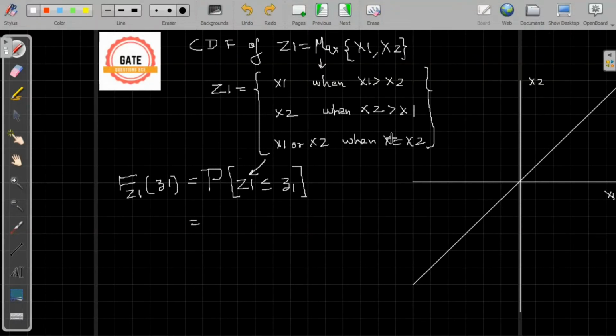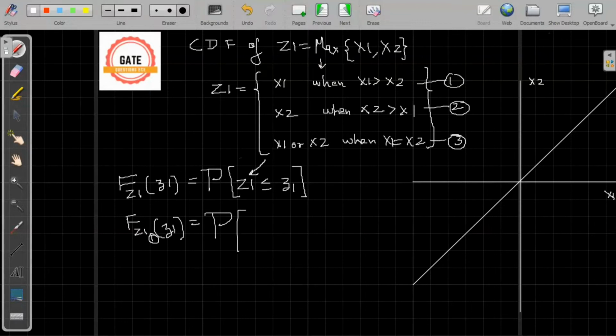So let's see what this probability will be in each of these cases. I am writing this as case 1, this is case 2, this is case 3. So in case 1, I am writing it with subscript 1.